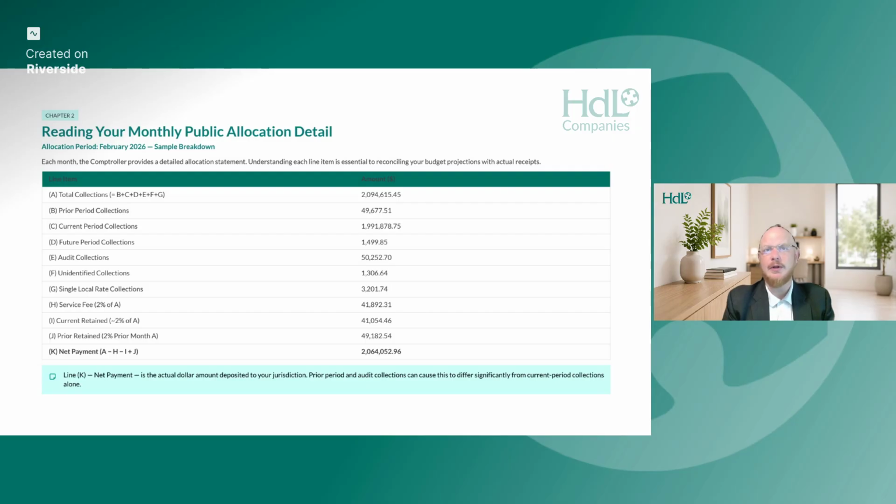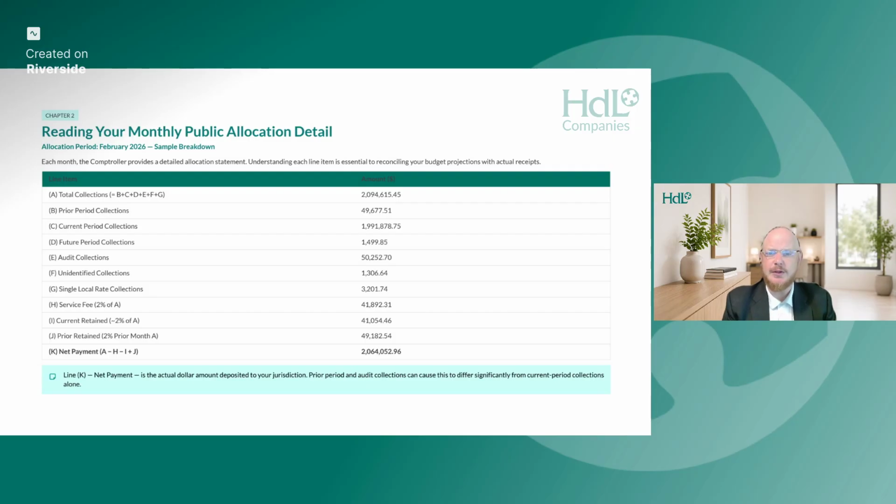First, we'll look here at the public detail when it comes to the sales tax allocation payments. So each month, every local jurisdiction in Texas receives a net payment from the comptroller on their sales tax. That's the bottom line here on the screen. That's the number that everyone recognizes because that's the number that hits the bank account. But even at the public level, there's some deeper dive information available to you here that can help to see what is making up that net payment. So laid out on the screen here, you can see the different formulas for where each of these totals are coming from.